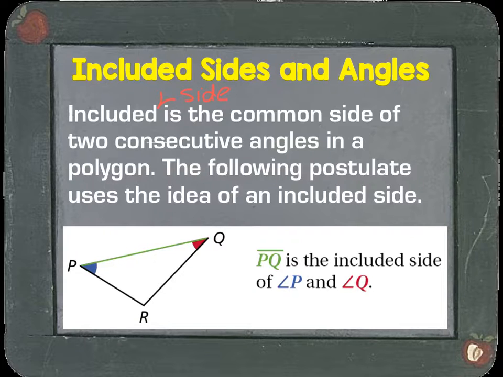Say it again. So if you look at the diagram that's there, if I asked for the included side for angle P and angle Q, it's PQ. It's going to be the segment that connects those 2 angles, okay? The name is actually based on the 2 angles, but you don't always have a name. So again, the included side is the segment that connects those 2 angles.